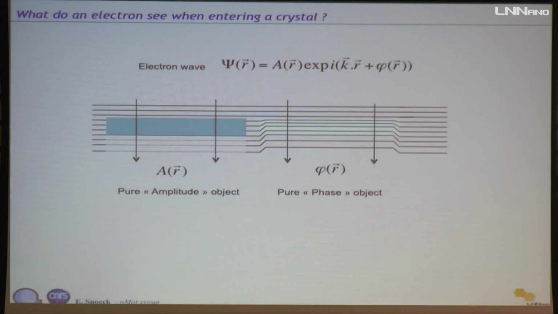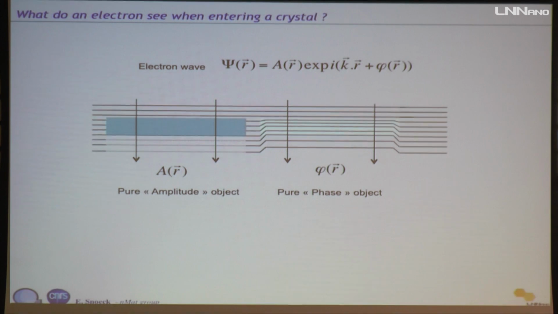What does an electron see when entering a crystal? There are two cases, you have probably heard that. Either you have a thick and dense material, and then the amplitude of the wave is decreasing because of absorption, and you have kind of an amplitude object.